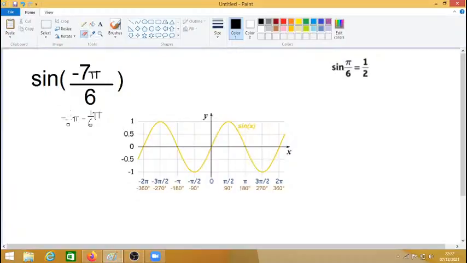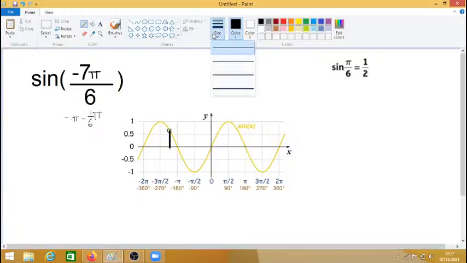Then from there we go a little bit more left, 1/6 more pi. So it'd be about here, this would be minus 7 over 6 pi. If I draw a line going straight up, we reach that point on the sine graph, and that's the point that we want to know as an exact value.